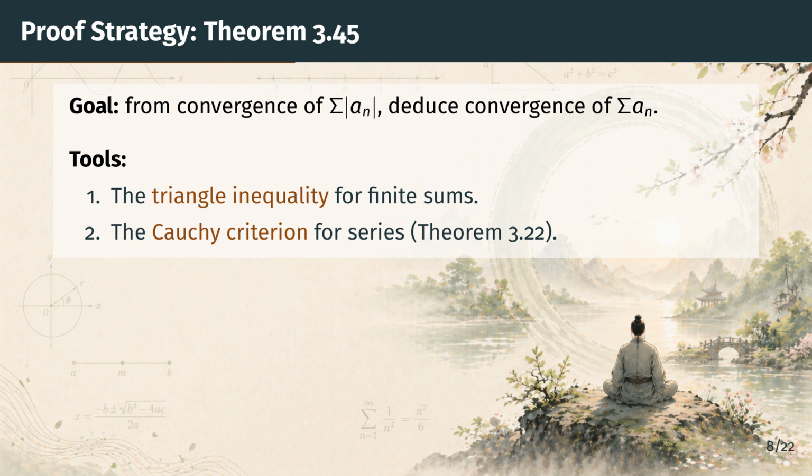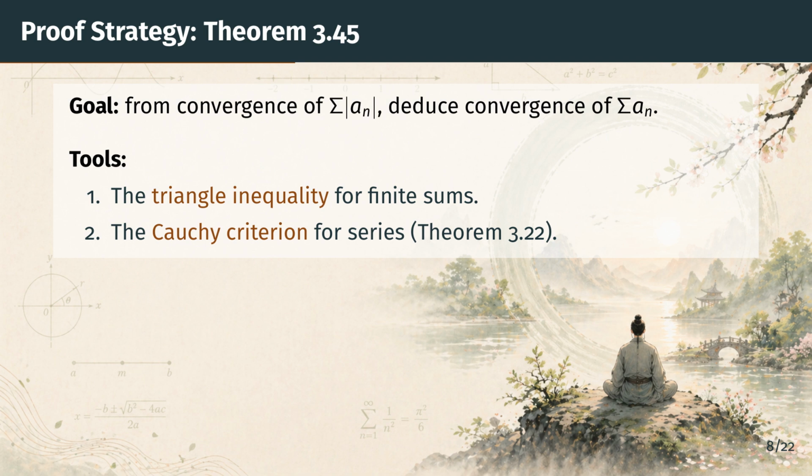Second, the Cauchy criterion for series, Theorem 3.22, which lets us prove convergence without knowing the limit in advance. The idea is to transfer the Cauchy condition from the series of sizes, where we are given it, over to the original series, where we want it.